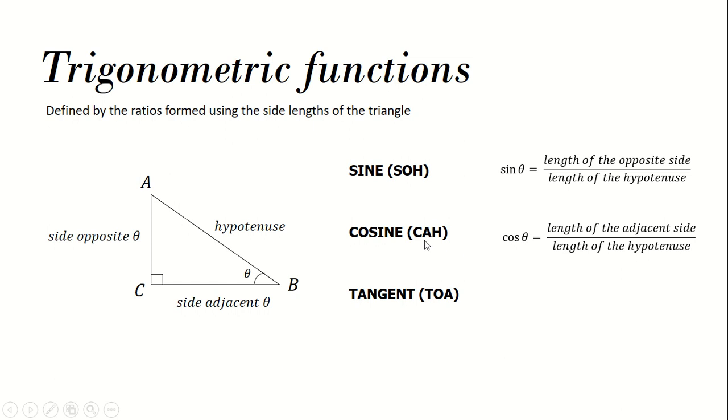That's why you have C, A, and H. So what is adjacent here is side BC, and of course the hypotenuse is side AB. The tangent function is the opposite over the adjacent, TOA. Opposite is AC here, adjacent is BC. So if you want to remember the three functions, just say SOH, CAH, TOA.